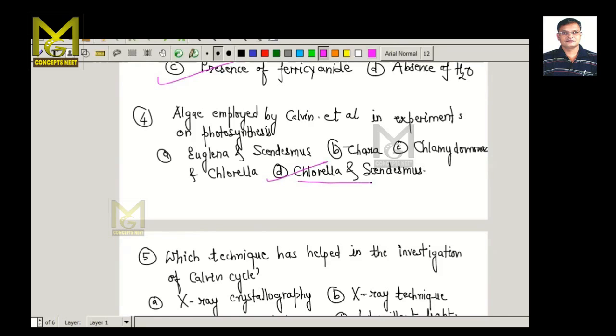You have to remember this; it is a memory-based question. By using these algae, the whole Calvin cycle was elucidated, including the formation of intermediate products. The correct answer in this case is B.